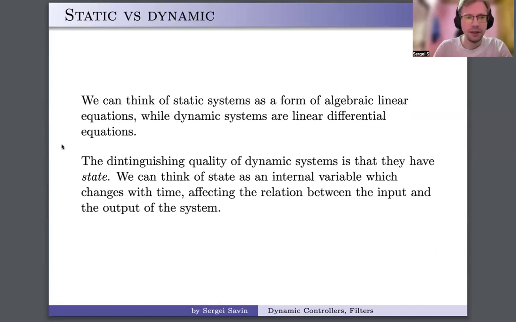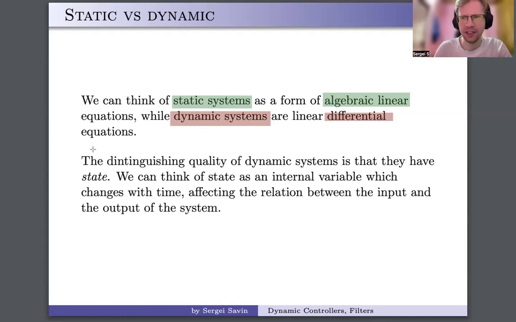Now, the two systems can be thought of in this way. Static systems form algebraic linear equations, right? Whereas dynamic systems form differential equations, right? You can think of them this way.